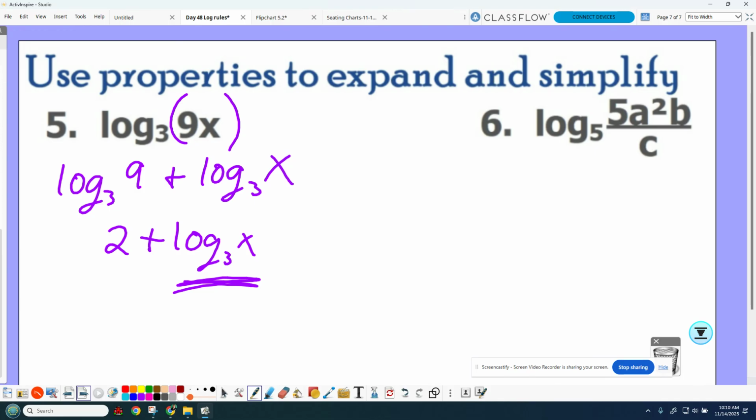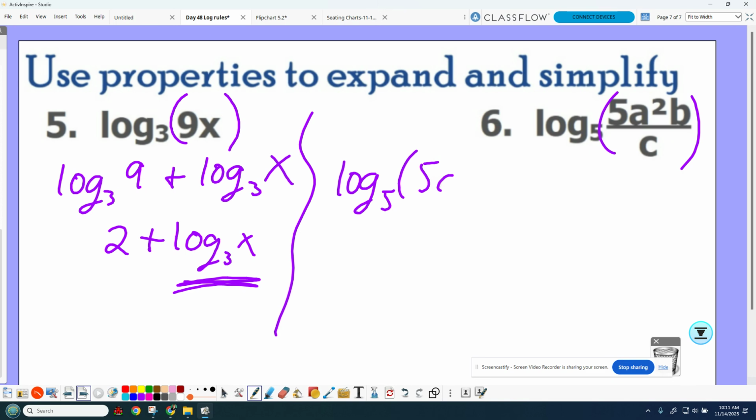Oh my goodness, so many pieces. Spencer, how many things are in this lumpy dude in here? 2. Oh, okay, you could see it as 2. I see it as, I got a 5, I got an a squared, I got a b, and I got a c. I'm gonna have 4 different lumps. And I don't have a lot of control over the kinds of questions that Delta Math asks.